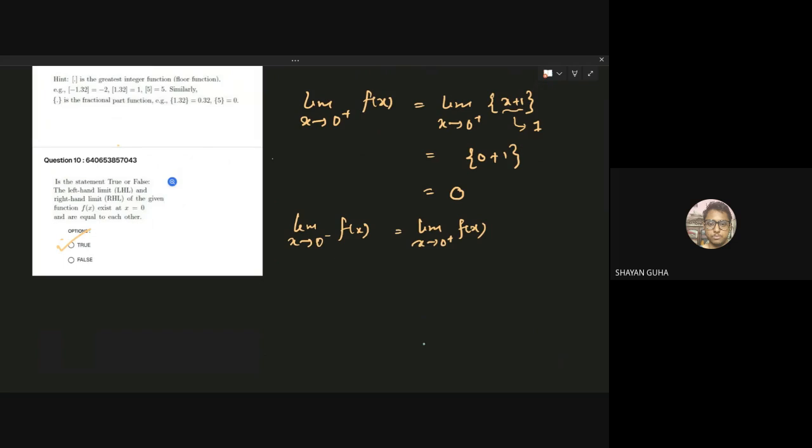If you put 0 directly there, what is the meaning of limit? The meaning of limit is simple: what is the functional value approaching when x is approaching a certain value, right? This is the definition of limit.